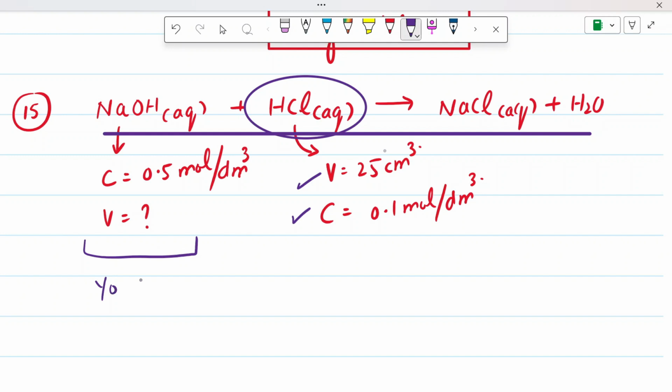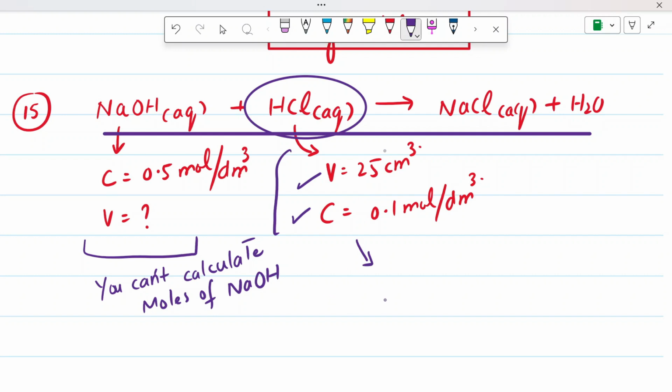You can't calculate the moles of sodium hydroxide. However, you can calculate the moles of hydrochloric acid. And what is the formula for finding the moles of hydrochloric acid? Moles equals C into V. Very good.